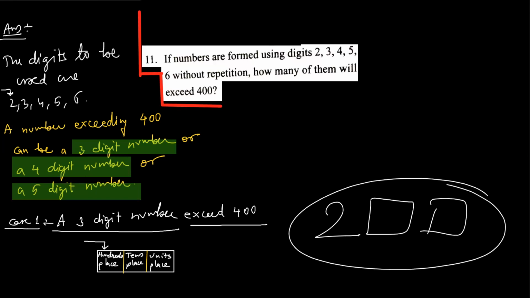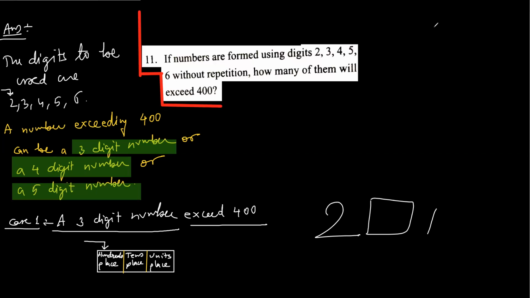What condition? That the number formed should be exceeding 400. So you cannot have 2 here. You can't have 3 here. You understand? It has to be 4, 5 or 6.